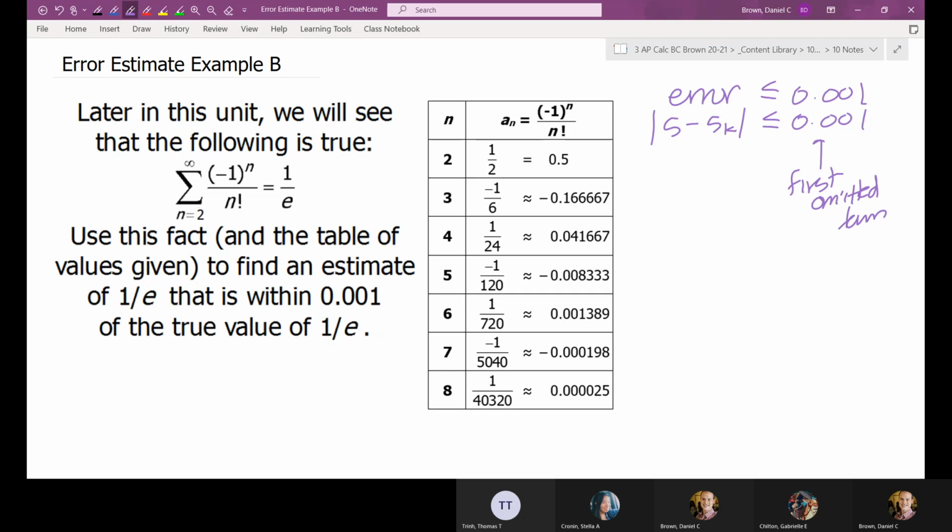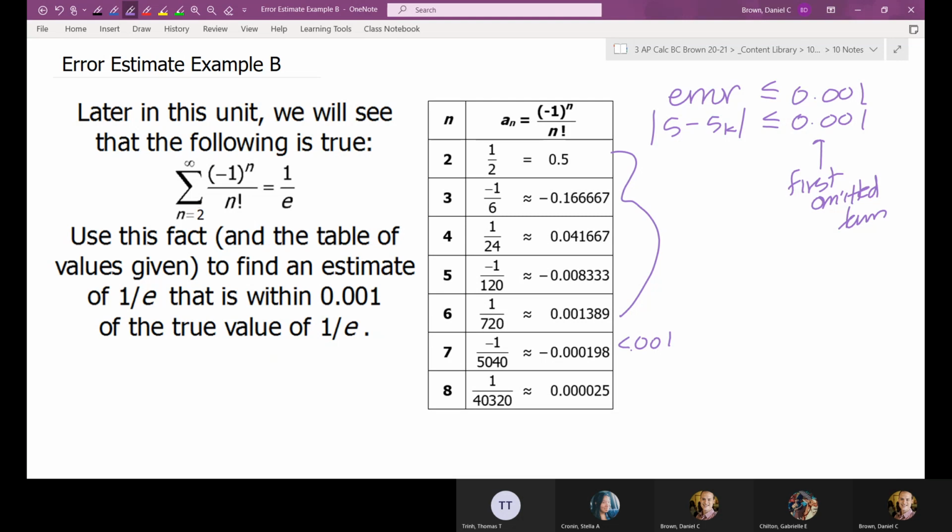What about this last one in absolute value? This is the first one that's less than 0.001. So what does that mean? That means that if I added up terms 2 through 6, that sum is going to be within 0.001 of the actual value of 1 over e. That's another way that theorem is going to be asked.